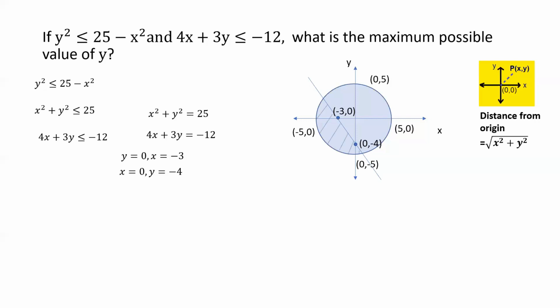So clearly this striped area, that's the common area which will satisfy both the inequalities. Now that we know which set of points on the xy plane will satisfy both the inequalities, it's easy to see from here what the maximum value of y will be. So this will be the maximum value of y, right?